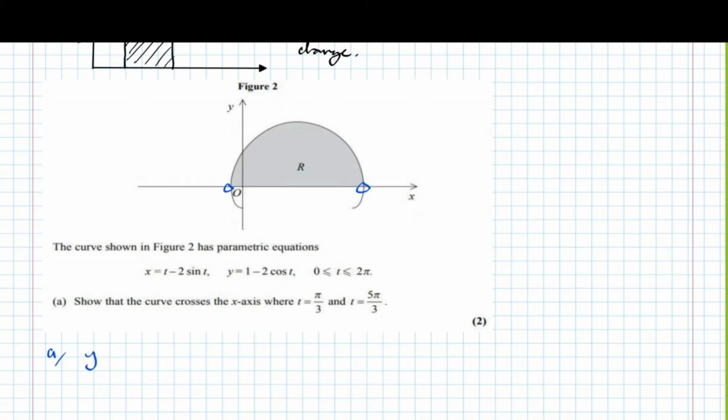So y equals 0, which implies 1 minus 2 cos t equals 0, which in turn implies 2 cos t equals 1, which means that cos t equals 1/2.